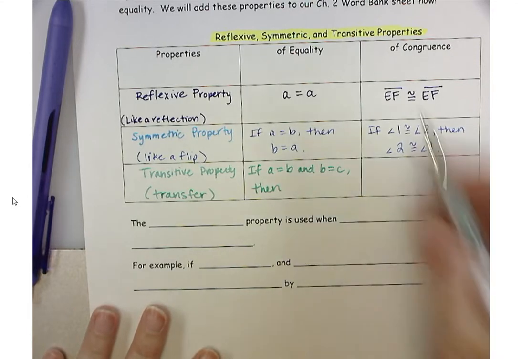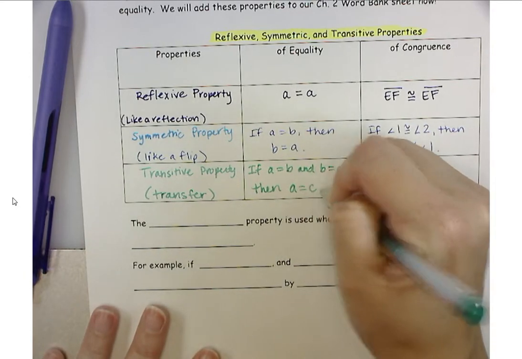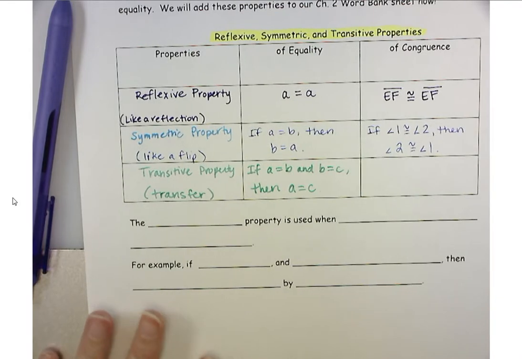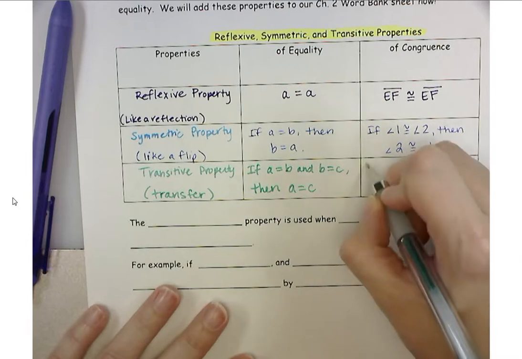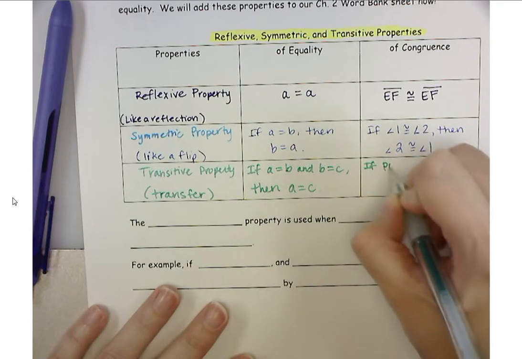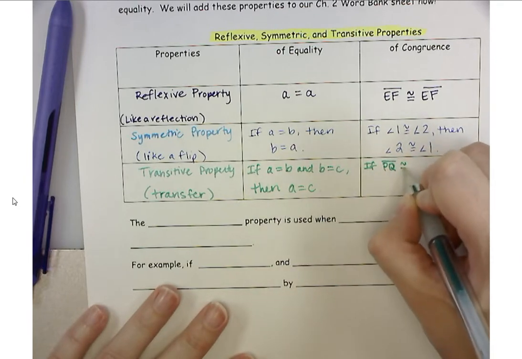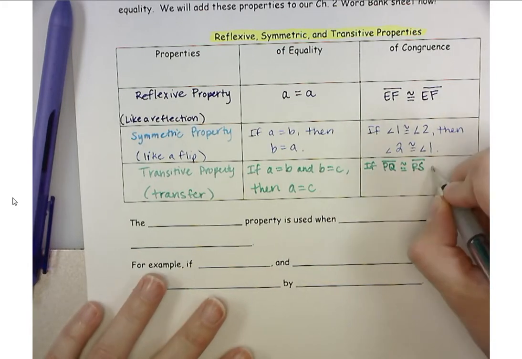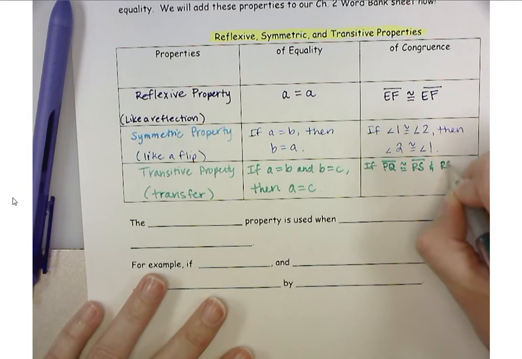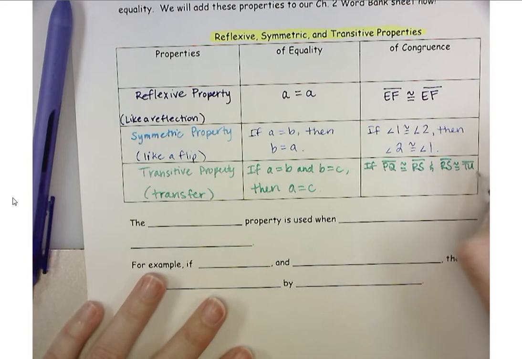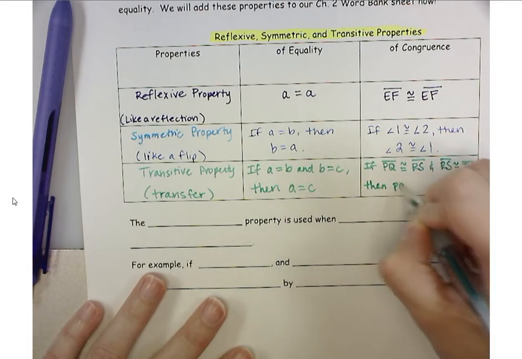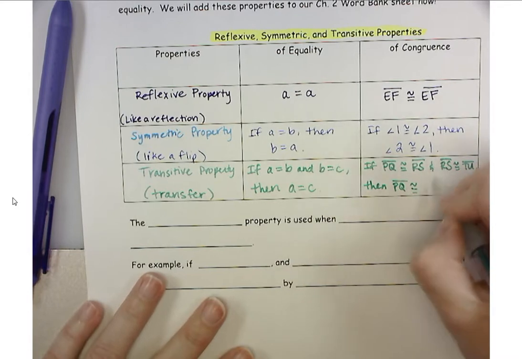A and C. And then if we had something that was congruent, we could say if PQ was congruent to RS and RS is congruent to TU, then PQ is congruent to TU.